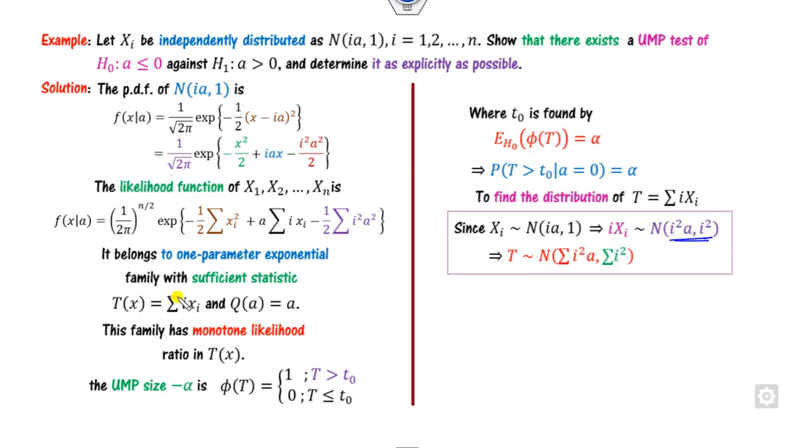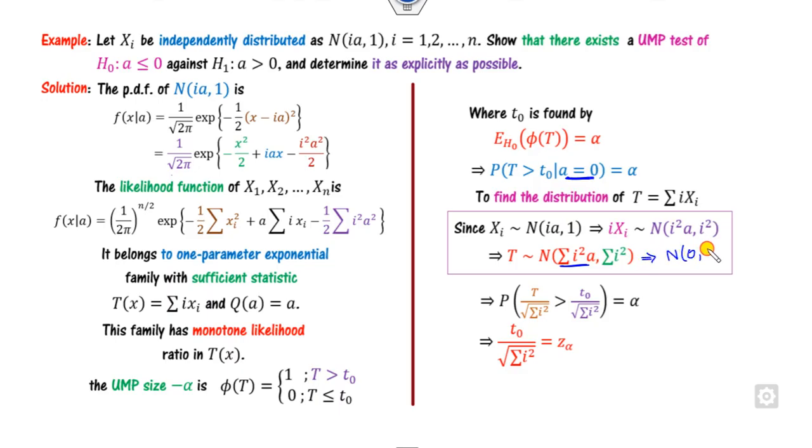Now we need the summation of this. Once it's a normal distribution, we all know how we can use the normal distribution. We can convert them into the standard normal variate. So what is that? If a t is there, we can subtract the summation of i square a on both sides and here. Now how can you solve this? It is based on the normal distribution. You can simplify that. This is my required, because you can see that you have to find the value at a equal to 0. So what is the value of this at a equal to 0?